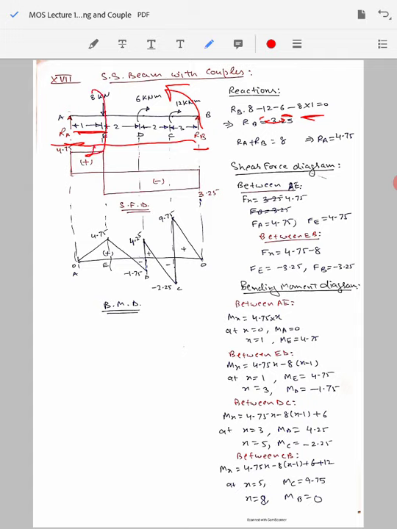This is also in a clockwise fashion. So all these couples are in the clockwise fashion except Rb into 8, which is in the anti-clockwise direction. This is the equation that you obtain for our moment balance, which gives us the value of Rb as 3.25, and finally Ra will be 8 minus 3.25, that is 4.75 kilonewton.